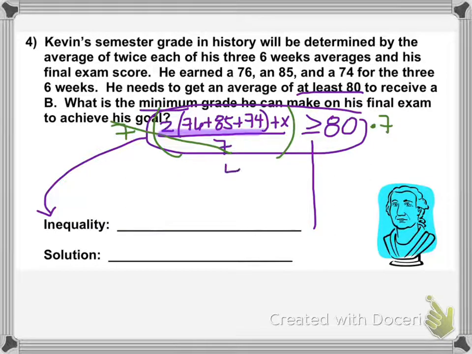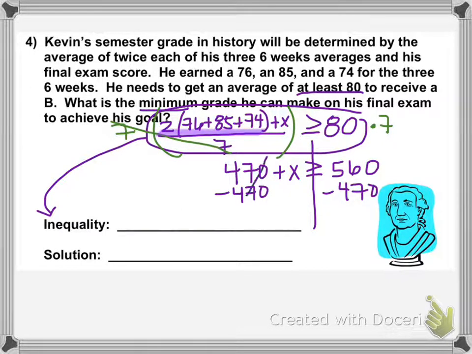I'm just going to rewrite that. 470 plus x is greater than or equal to 80 times 7, which is 560. All right, so now to get that x by itself, we subtract 470 on both sides.